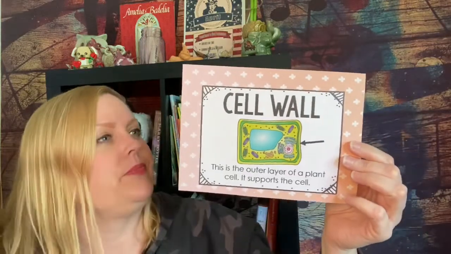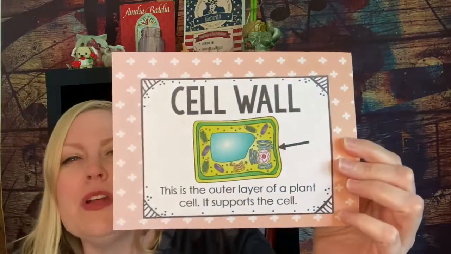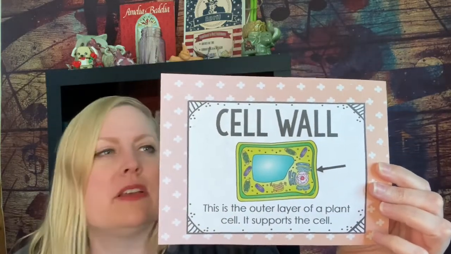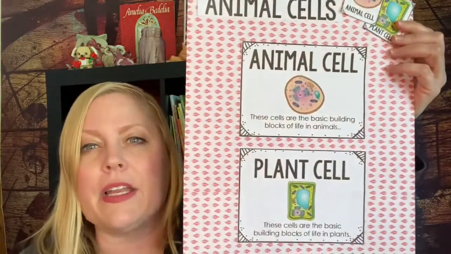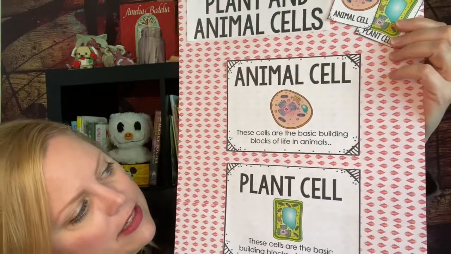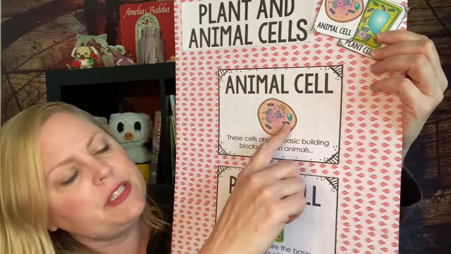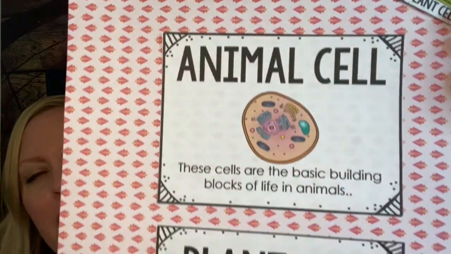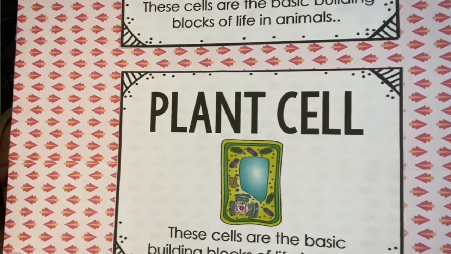Here's another one, the cell wall. There are a few important differences between animal and plant cells. So over here, let's look again at our animal cell and our plant cell, okay? There are some differences, especially if you look up close.